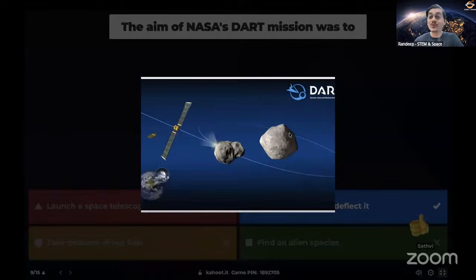So we saw that that was the aim of the DART mission, that we literally send a spacecraft to hit it and then change its path so that it doesn't hit our Earth.